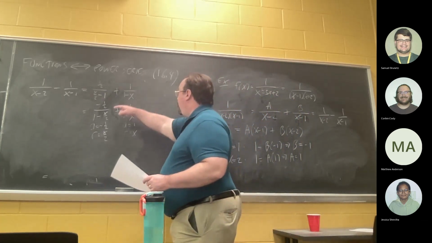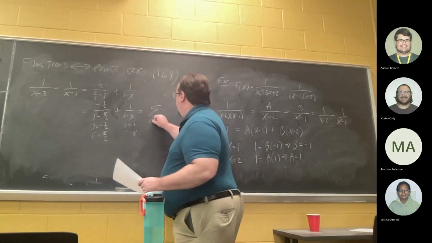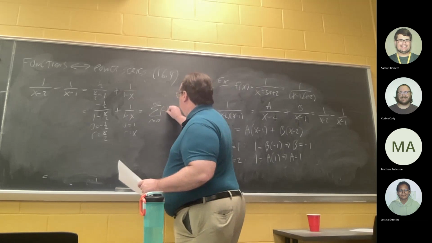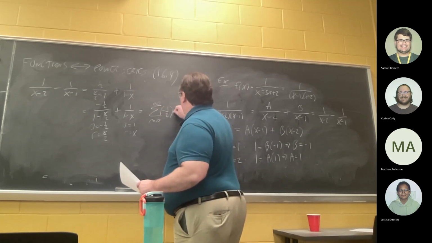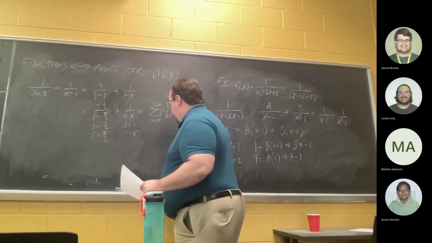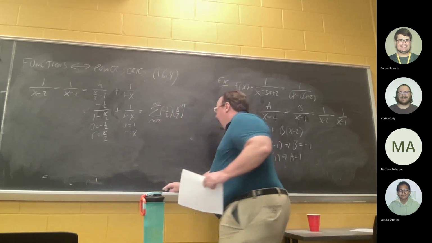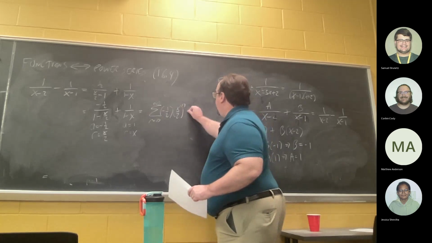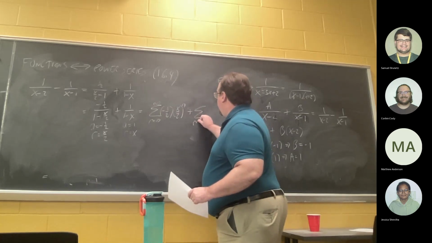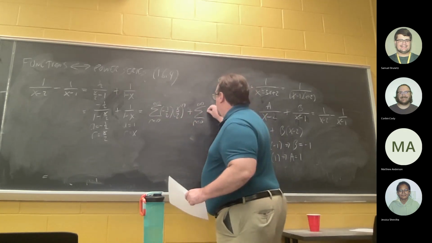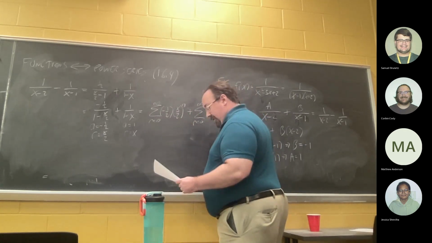So for the first one, we're going to have the sum of a times r to the n, plus the second one, a times r to the n, so 1 times x to the n.